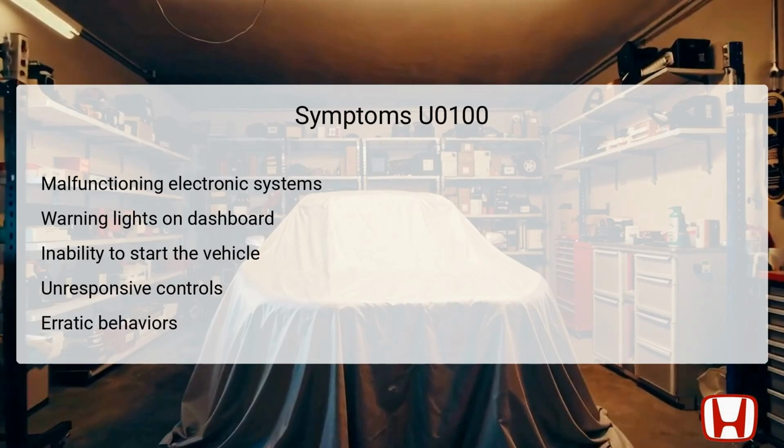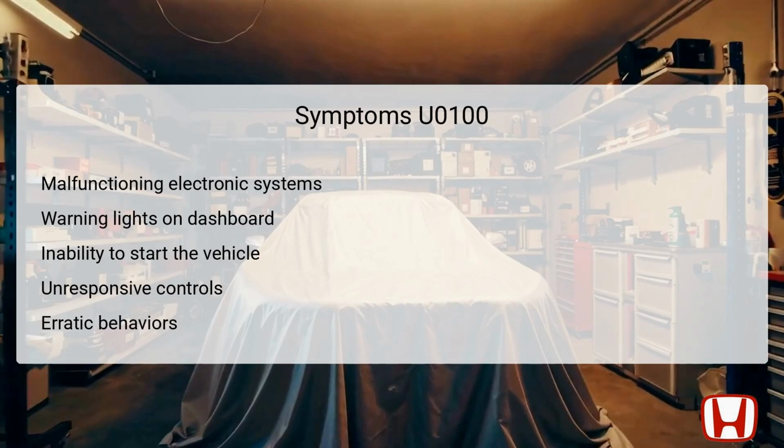Unresponsive controls, such as non-functioning window buttons or door locks, can also manifest due to this communication issue. Furthermore, erratic behaviors, such as random electronic malfunctions, can occur, making it vital to troubleshoot this issue promptly to avoid further complications.